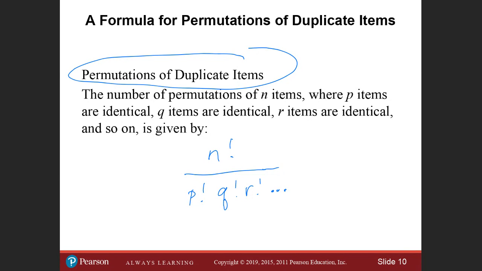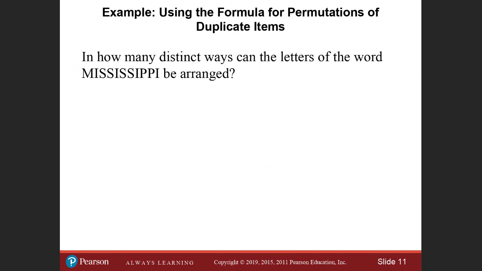Okay, so let's take the example here again. In how many distinct ways can the letters of the word Mississippi be arranged? So try to count how many letters we have here: 1, 2, 3, 4, 5, 6, 7, 8, 9, 10, 11.